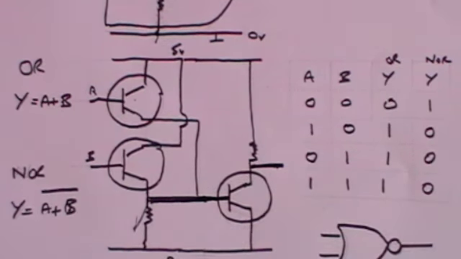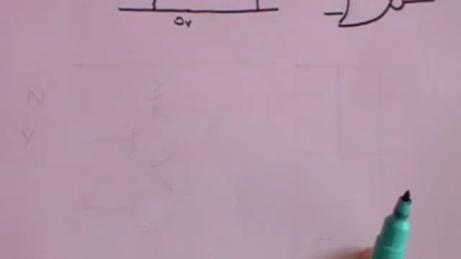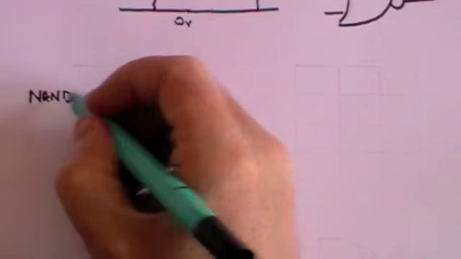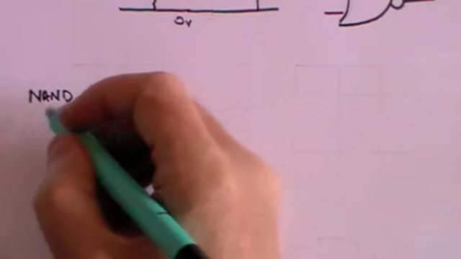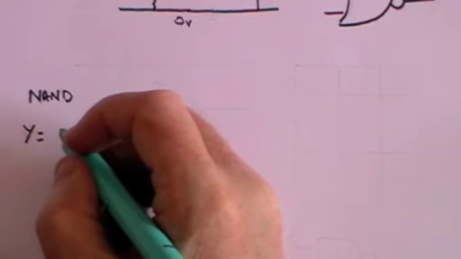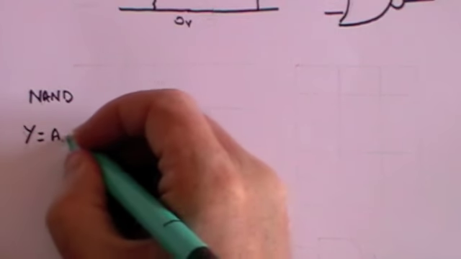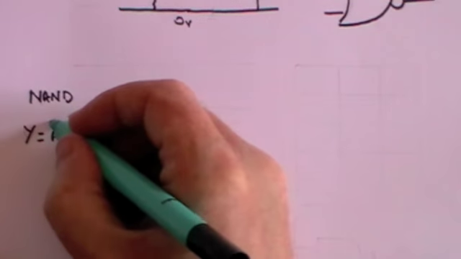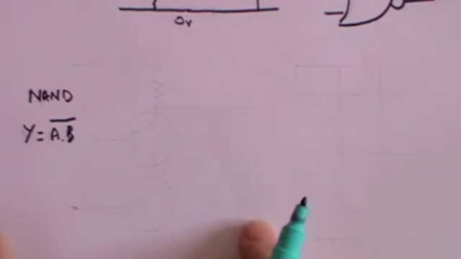And now we're going to look at a NAND gate. Remember, that's the NOT AND. So Y, the output, is equal to A dot B, which is the same as for the AND gate, but because it's a NOT, you put a line over the top.